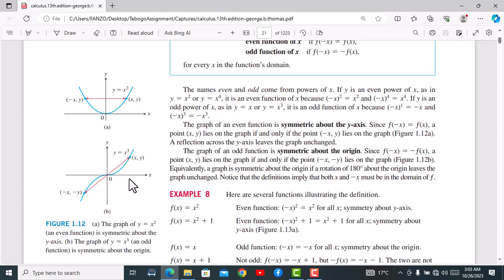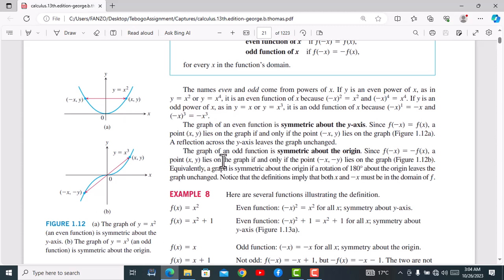Let's make an example here. When x is positive, y is positive. It lies on the graph if and only if the point minus x, minus y lies on the graph. So this is a symmetry about the origin. So we are saying the function is an odd function if you have a point, for example in here, where both x and y are positive, and you get a corresponding point where x and y are both negative.